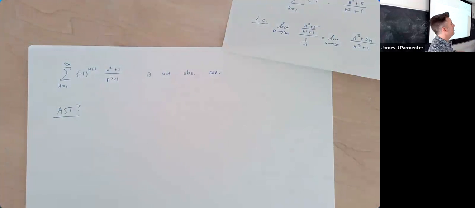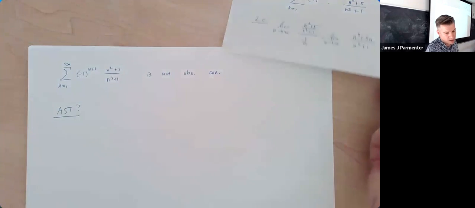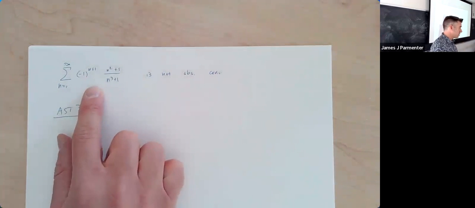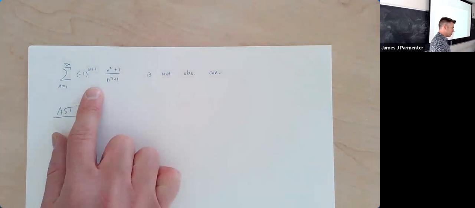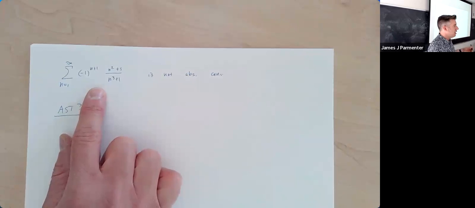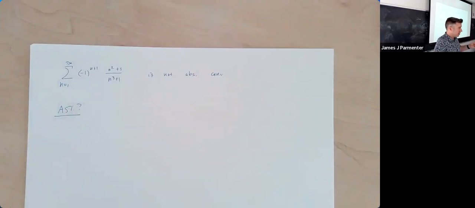I should say more specifically, if someone just gave you this series and asked, does it converge? You might just start with the alternating series test because you know the absolute convergence doesn't work. But most of the time, this kind of question is asked in the context of: does it converge absolutely, or does it converge conditionally, or does it diverge?